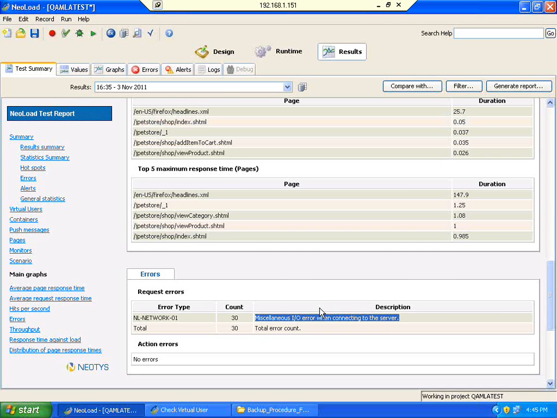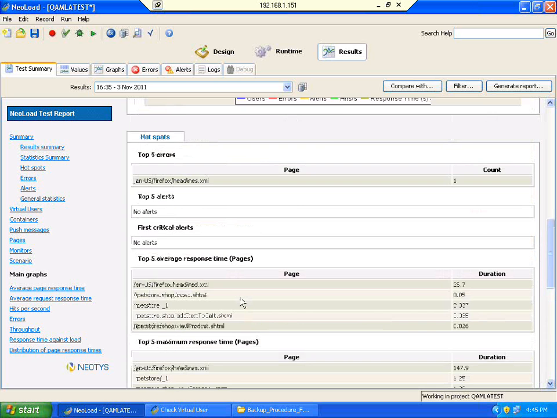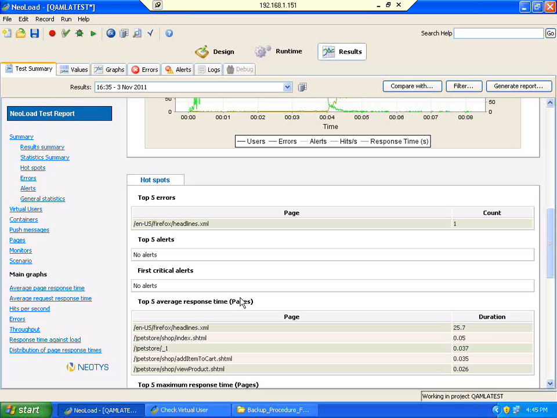So the connection was having a problem. That means for 30 users, there had been problems. So out of 1,000 users, for 30 users, it was not working fine. And imagine if those 30 users are spending thousands of dollars, you will lose that money, right?